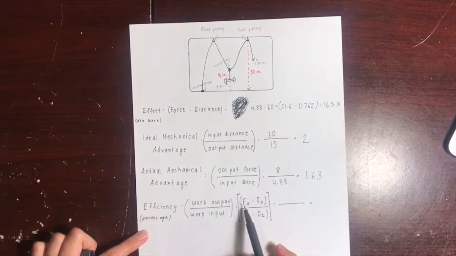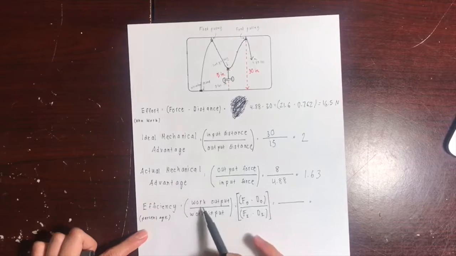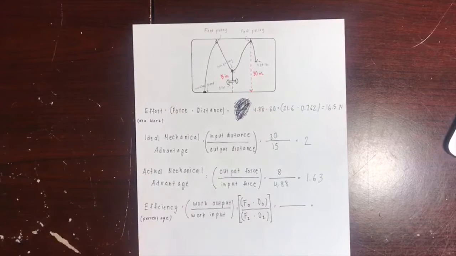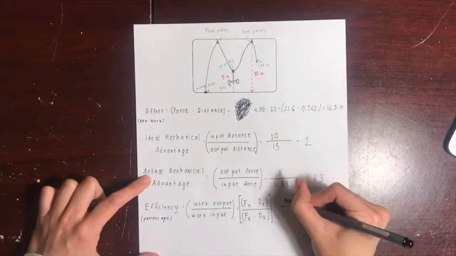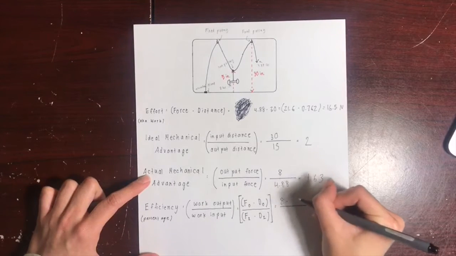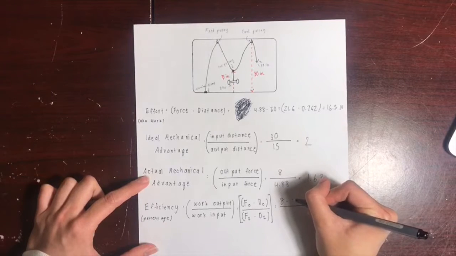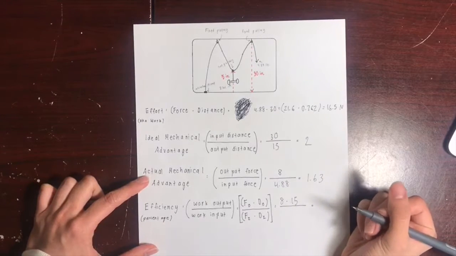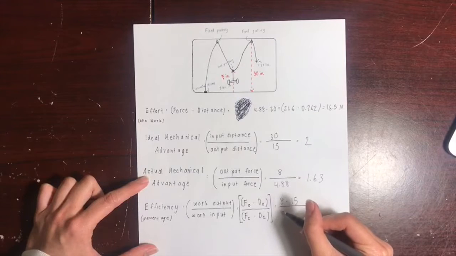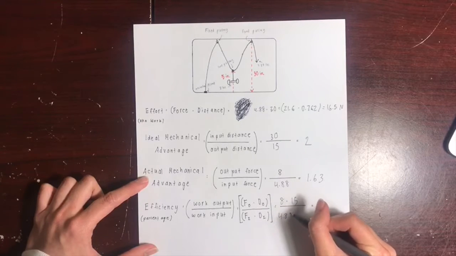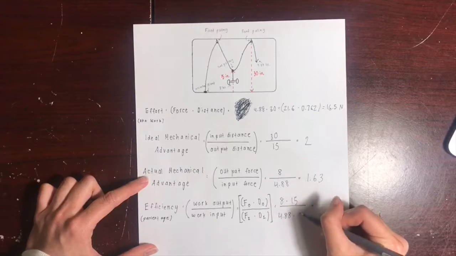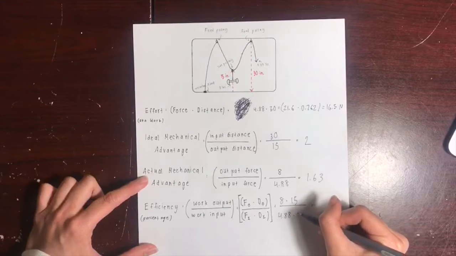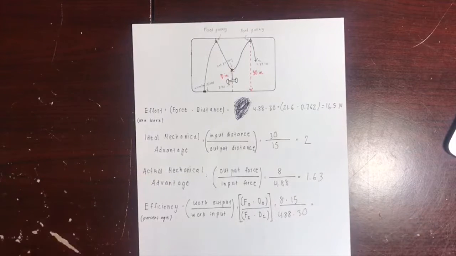So we're going to do the force output times the distance output, which would make work output. The force output was 8 pounds times the distance output, which was 15 inches, and the force input was 4.88 pounds times the distance input, which is 30 inches.